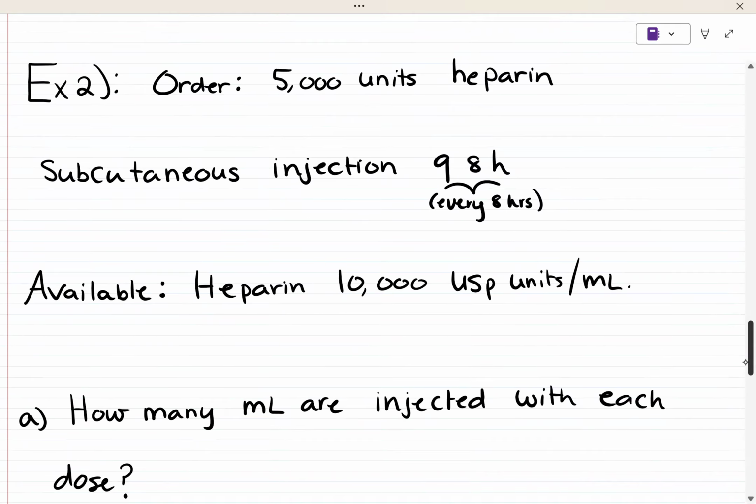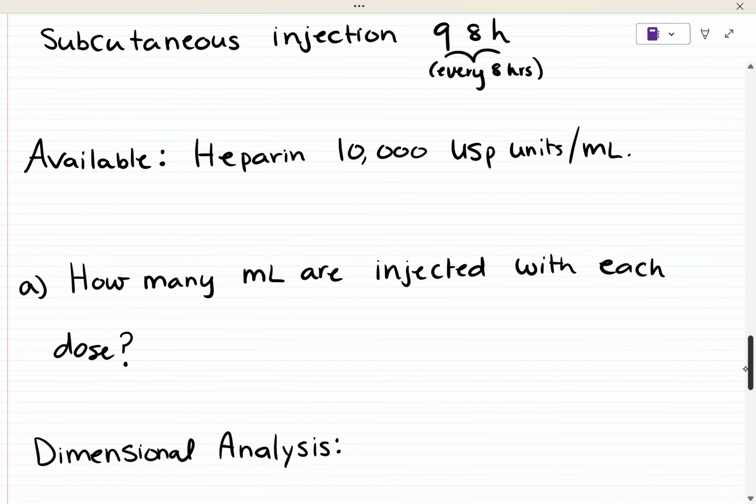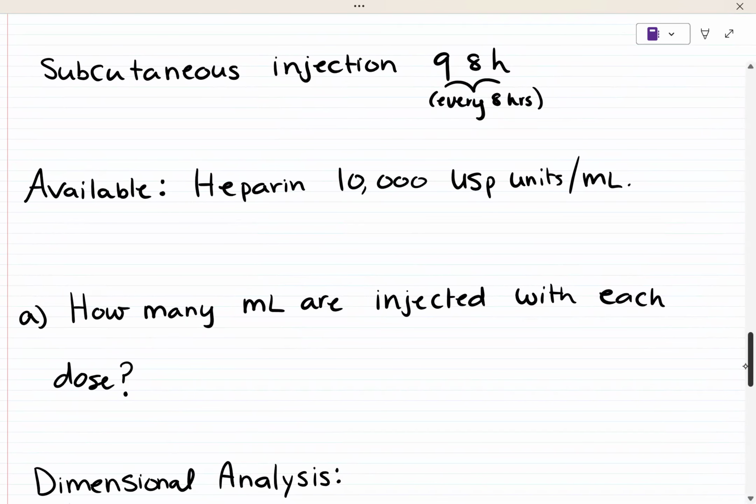Example two says you have an order of 5,000 units of heparin subcutaneous injection Q8H, which means every 8 hours, and our available is heparin of 10,000 USP units per milliliter. Part A, because I think there are two parts, asks how many milliliters are injected with each dose.